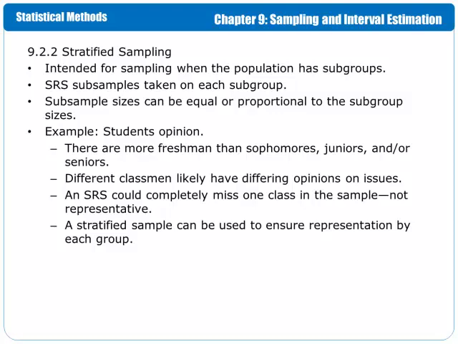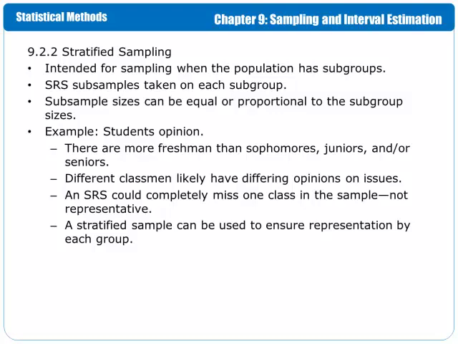So, for example, if you have a population of, say, 50,000 students in the school, and you need a sample of 2,000 students, if you use an SRS, it could be that all 2,000 students are freshmen. Then you don't have a representative sample because you're only going to get the opinions of the freshmen. A stratified sample could be used to ensure representation by each of the classes.